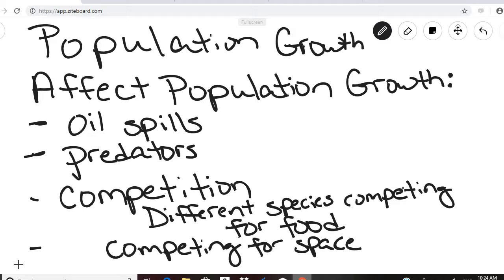So in a marine environment, as in any environment, there can be competition between organisms, and that will affect population growth.